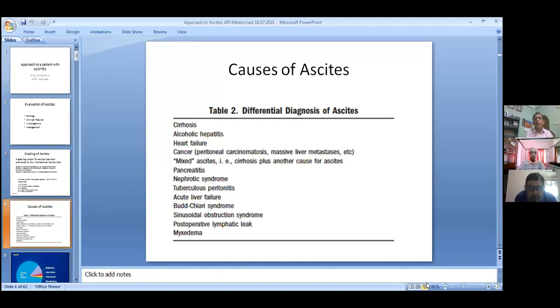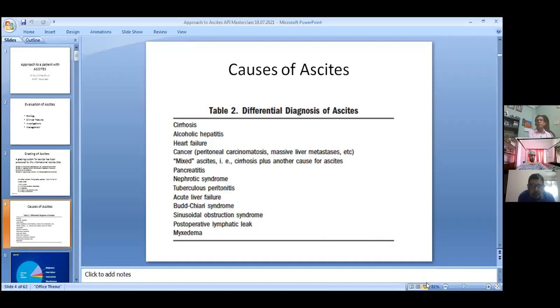Other than cirrhosis, sometimes alcoholic hepatitis or acute hepatitis can produce ascites. The other causes are heart failure and malignant ascites, that is peritoneal carcinomatosis, or massive liver metastasis. About 5% of patients with ascites can have mixed ascites, commonly cirrhosis with another cause.